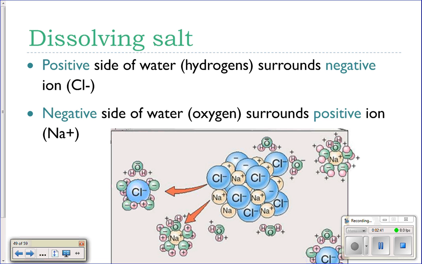So another property of water that we are going to look at is that water is a very, very good solvent. So it's really good at dissolving things because it is polar. We talked all about surface tension and other properties last lesson. Another property of water is that it's a very good solvent. And the way that it dissolves things, like a salt, is because it has polarity.